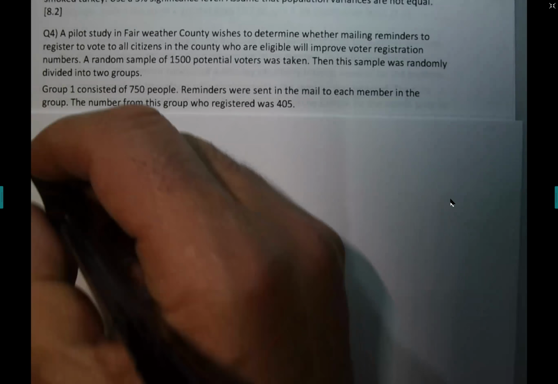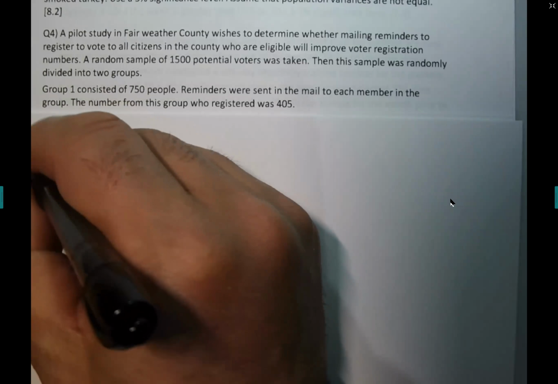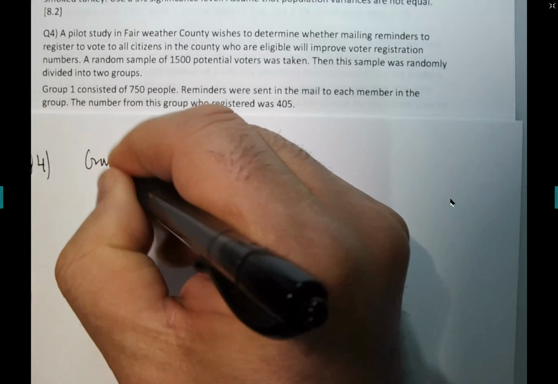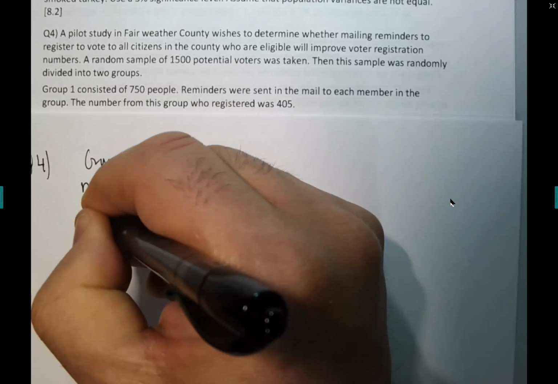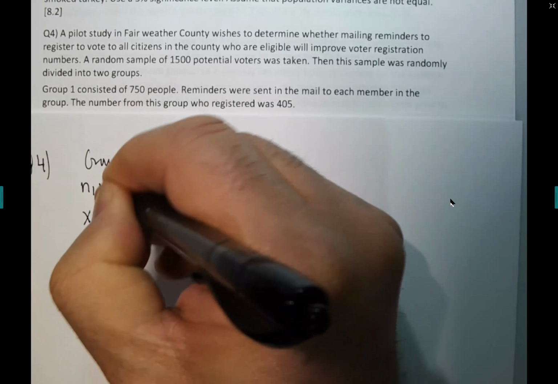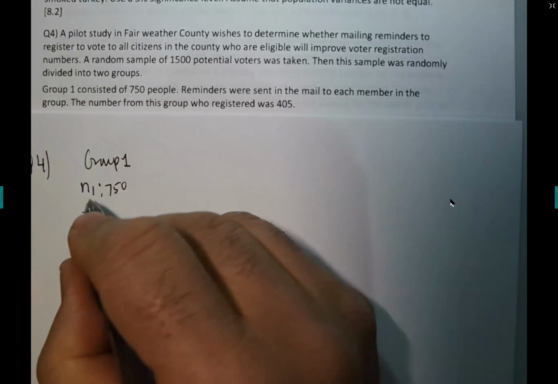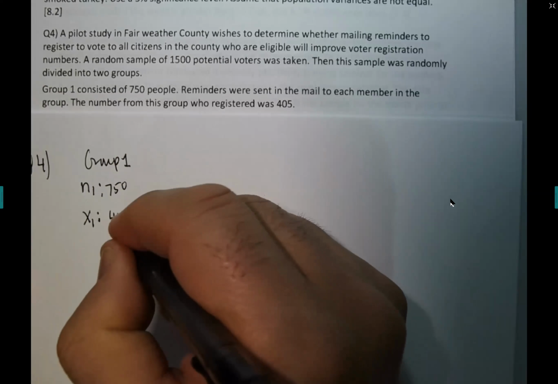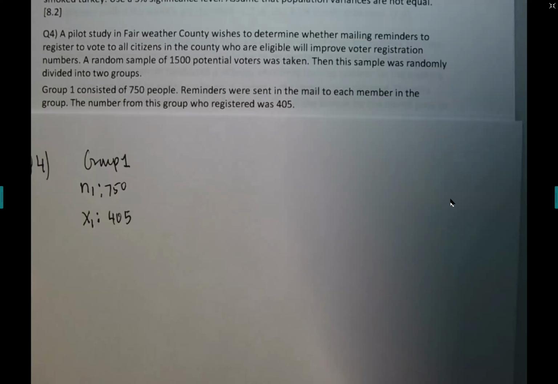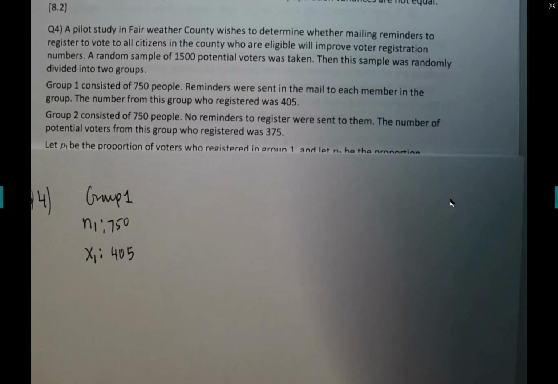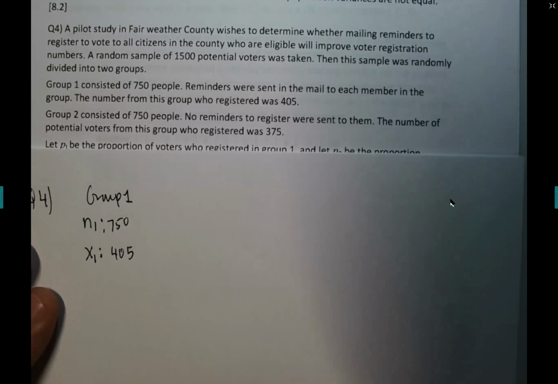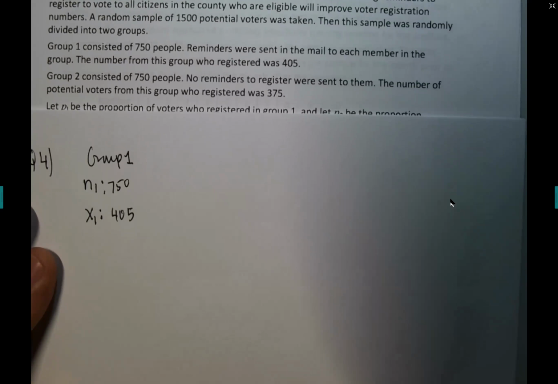So let's write it down right here. So number 4, group 1. So n1 and x1, guys. n1 is 750 and x1, the number of successes, was 405. Group 2. Don't let the length of the problem scare you. It's a very straightforward question. Group 2 consisted of 750 people.